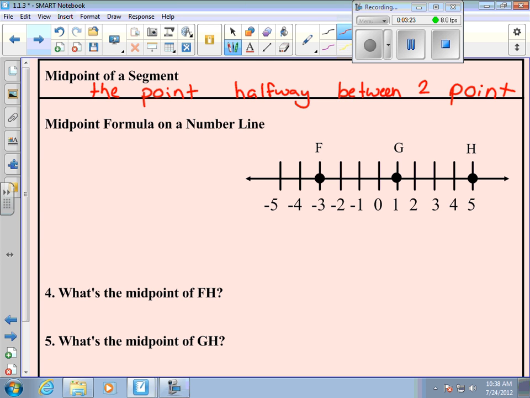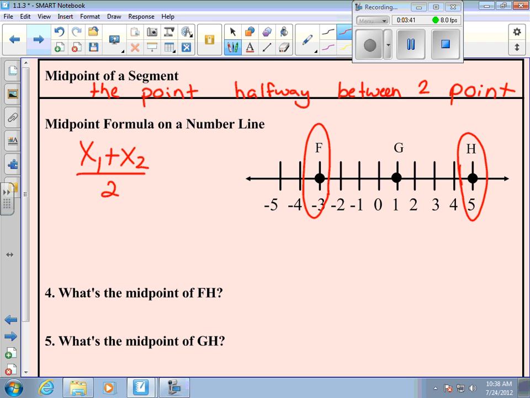And we have a formula for this one, and this is x1 plus x2 and divide by 2. So let's look at what's the midpoint of FH. So here's our F, here's our H. Again, it doesn't matter which one is x1 and which is x2.